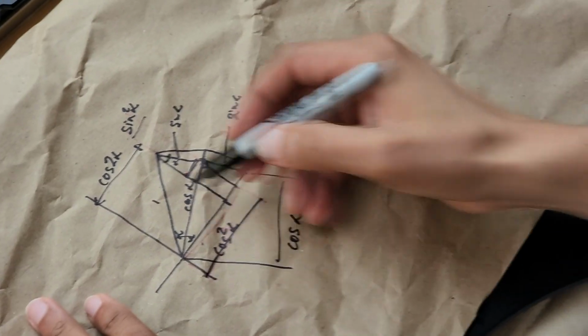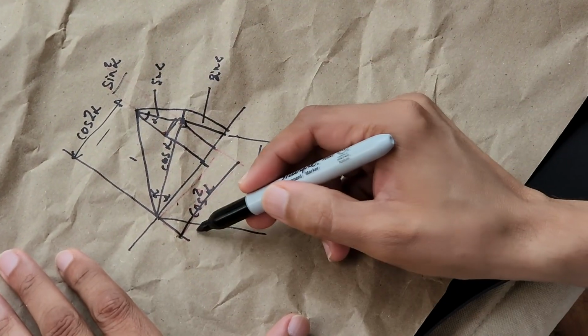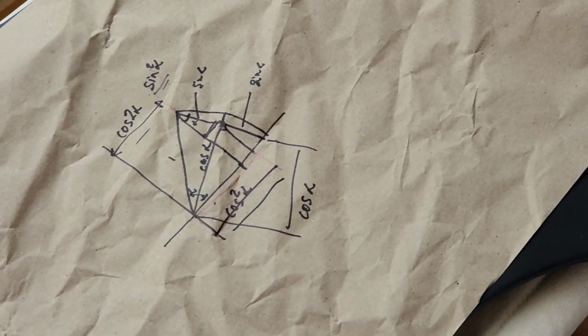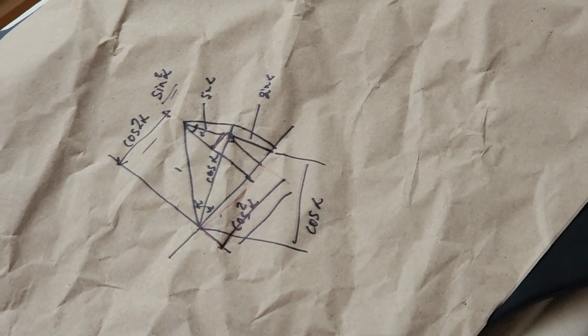So we can see cos 2 alpha equal to cos square alpha minus sine square alpha. Neat. Great. Thank you. Thank you.